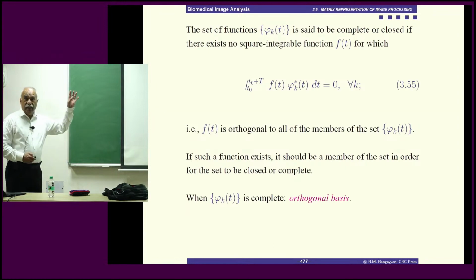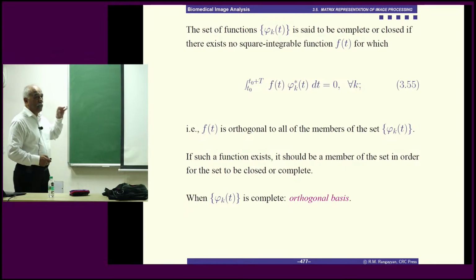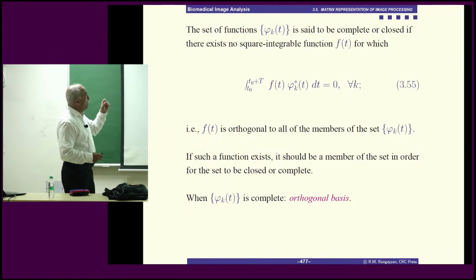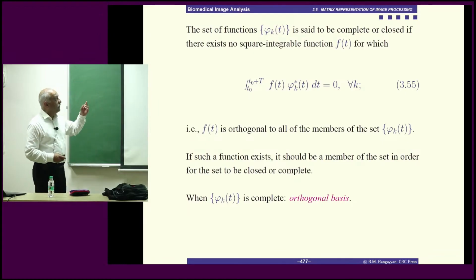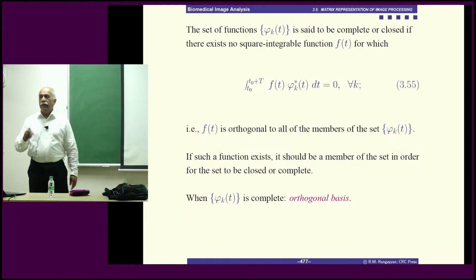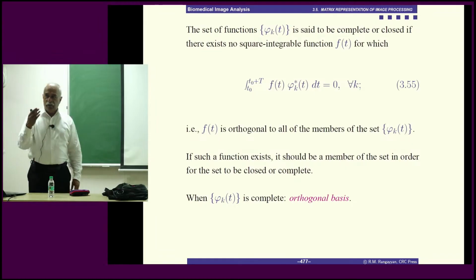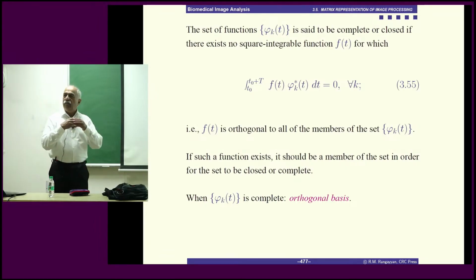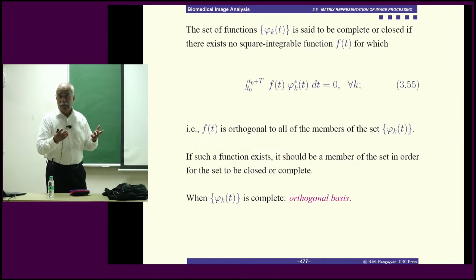So this set of functions phi_k(t) is said to be complete or closed if there exists no square integrable function f(t) for which the projection of that signal onto that function is 0. In that case, that function should also be a member. So for the Fourier transform, all sinusoids, sine, cosine, for plus and minus frequency to infinity, they're all included in the basis function.